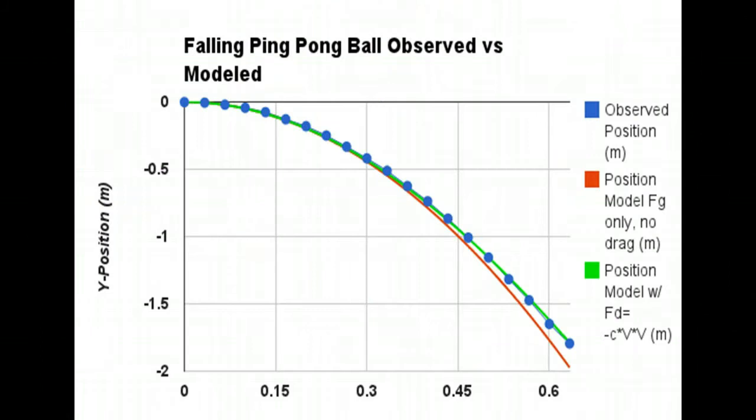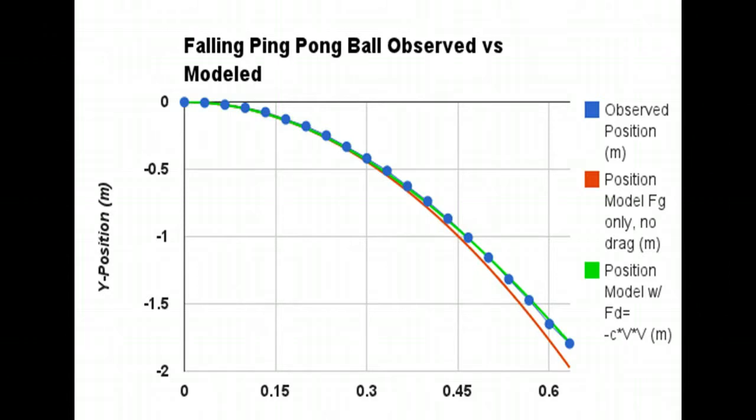Once that was done and the constants set, this is the falling ping pong ball observed versus modeled for the model assigned in the lab, with the drag force proportional to the square of the velocity. The match is very good for all the points, a little bit of a wiggle down at the end, but that may be observational.